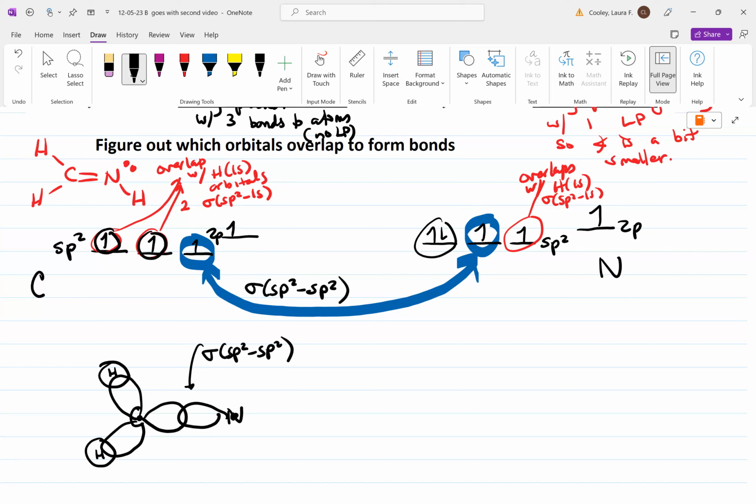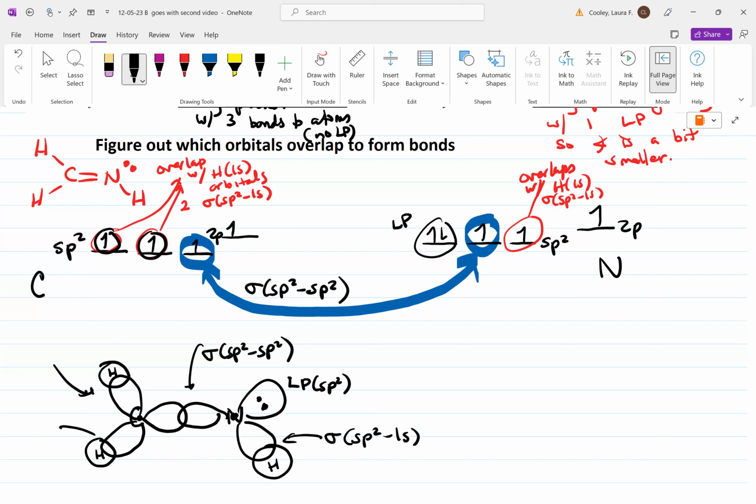Then we have a lone pair in an sp2. And then finally, the third one overlaps with a hydrogen 1s. So this is sigma sp2 1s, as are these 2.